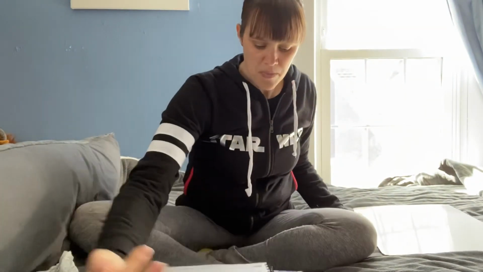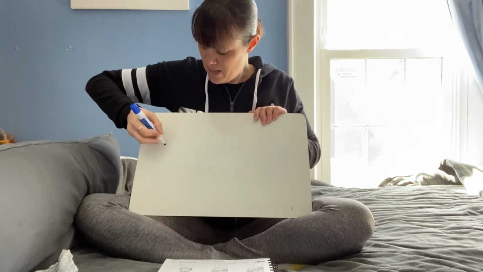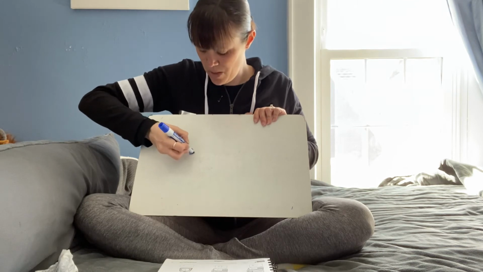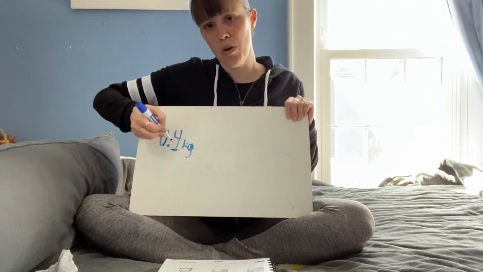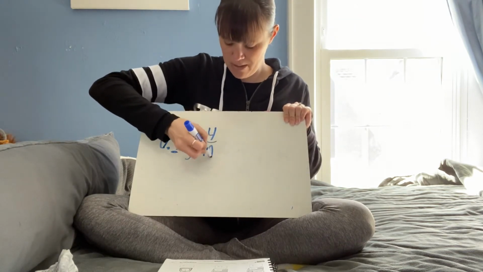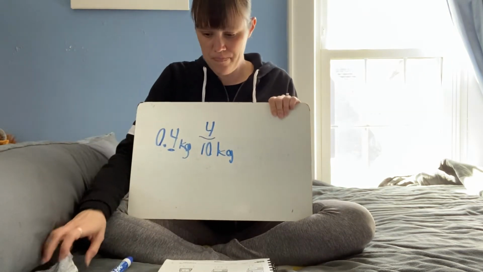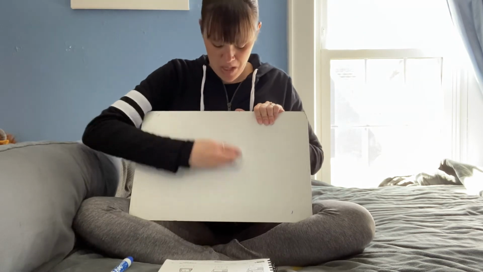The first one, it tells us that it is 0.4 kilogram. And we know that 0.4 means 4/10. So our fraction is 4/10 kilogram. That's it. Our broccoli and lettuce are 4/10 of a kilogram.